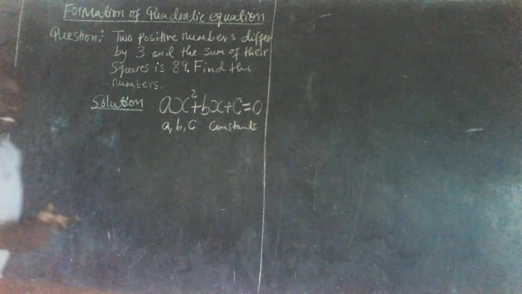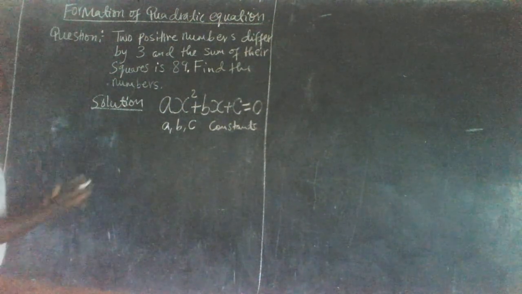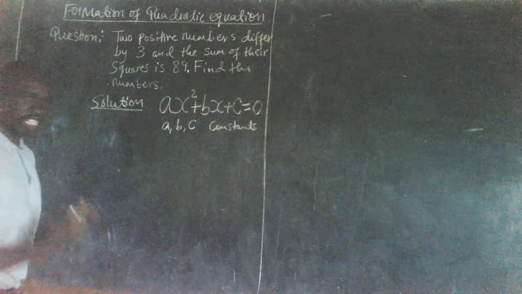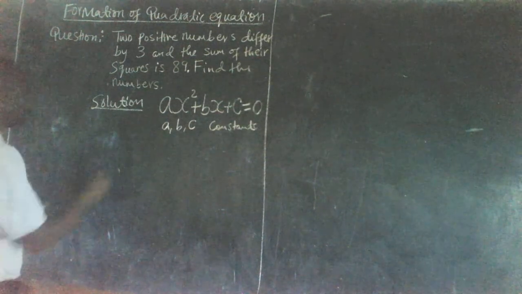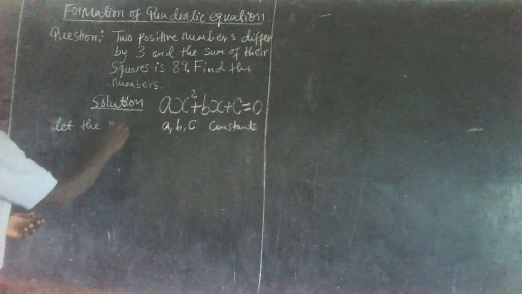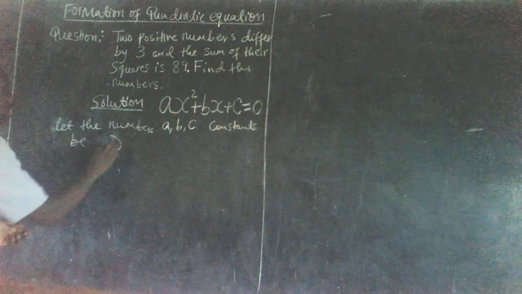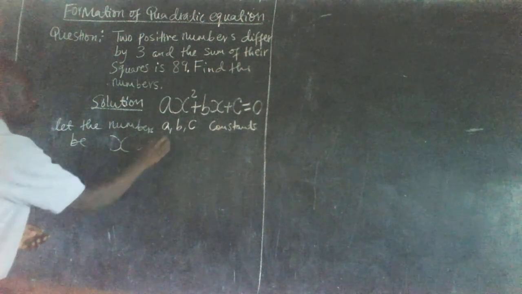So we need to assign variables to the two numbers we have to find. So we say let the numbers be x and y.